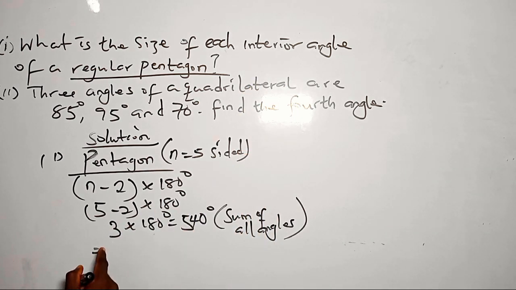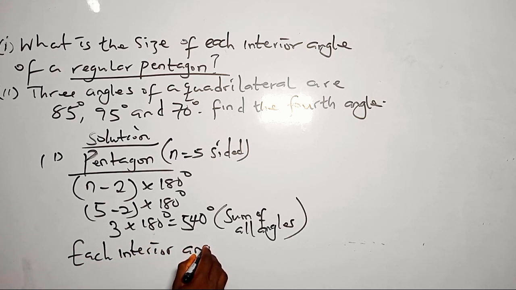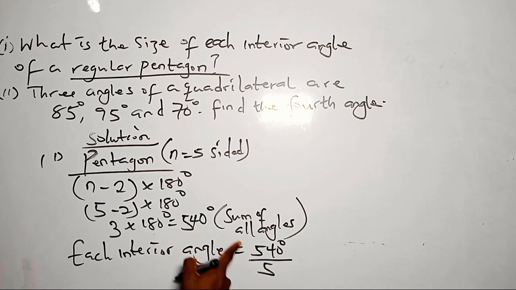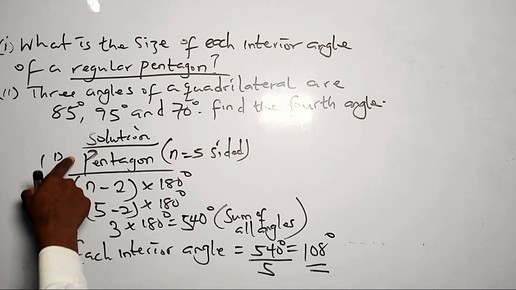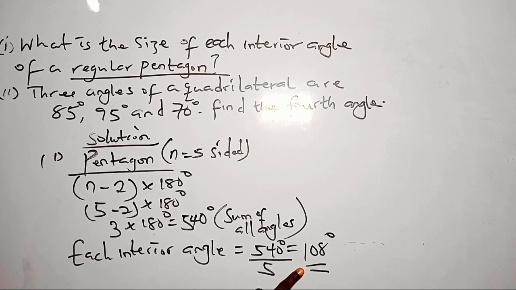Since we have the total sum to be 540 degrees, we divide by 5 because we are working with 5 sides. When we divide, we have 108 degrees. So that means the size of each angle of the pentagon is 108 degrees.